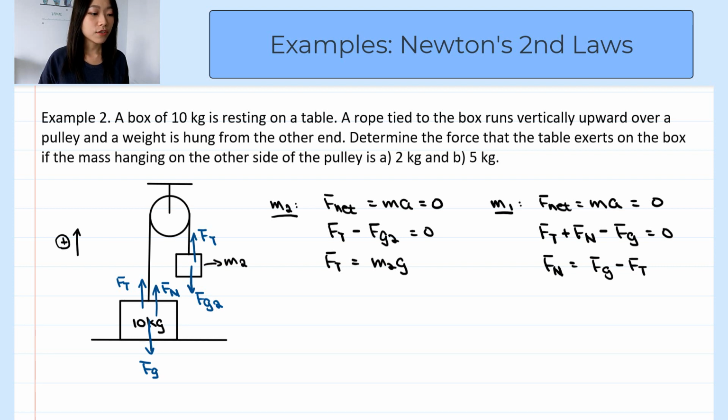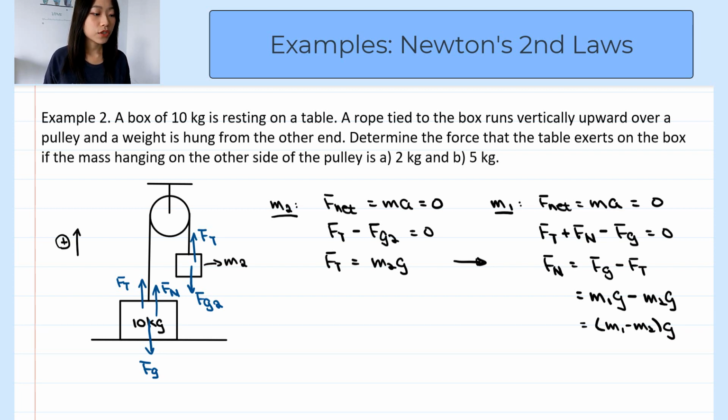If we substitute the tension force that we found from mass 2 in this equation, we get normal force equals gravity force on the first mass, which is mass 1 times g, minus tension force, which is mass 2 times g. So normal force is the difference in mass times the gravitational acceleration.